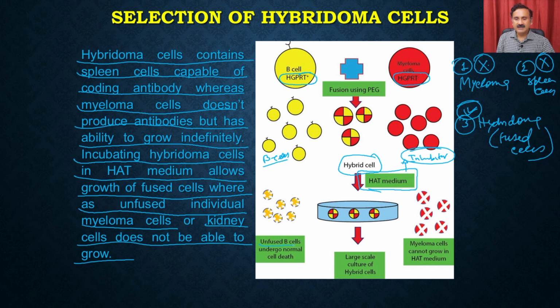So unfused B cells undergo normal cell death, right? They go through apoptosis, and that's how they die. Whereas the myeloma cells cannot grow under the HAT media because their DNA synthesis is going to stop, whereas the hybrid cells are going to survive. So why is it so?